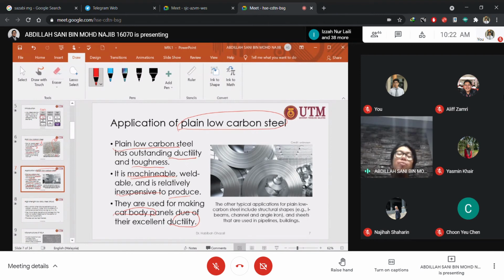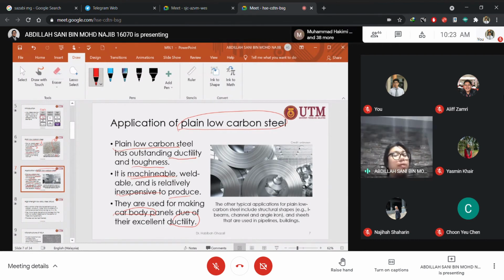When you have a collision, when you crash, this ductile material will deform first, and this deformation needs energy, so it absorbs the energy from the impact, so the passenger will be safe, right? So that is why we use plain low carbon steel.